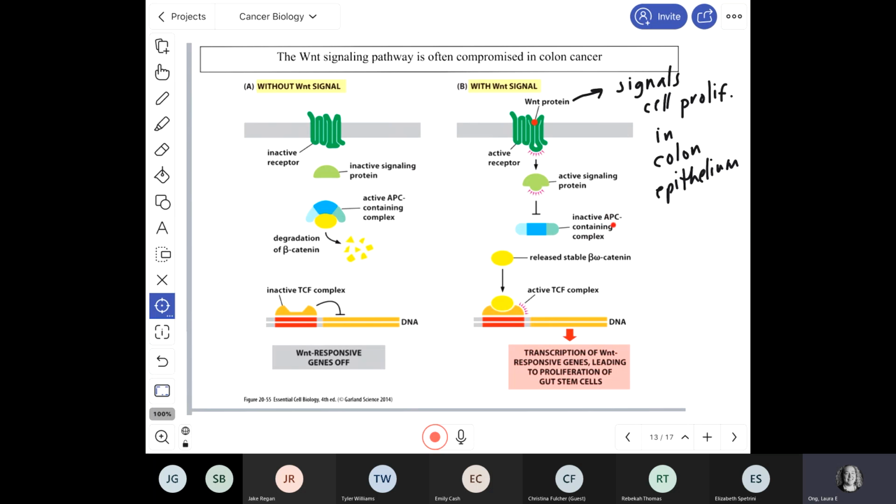And what APC had been doing is holding on to and sequestering, and causing degradation of beta catenin. And in this case, beta catenin is a transcription factor, transcriptional activator.